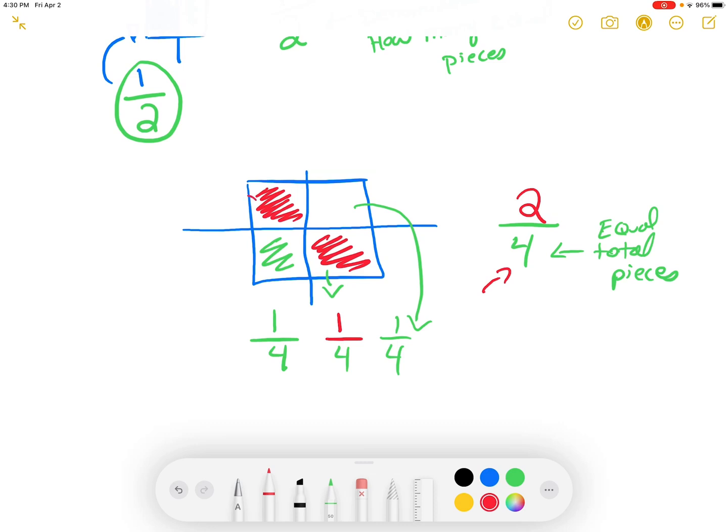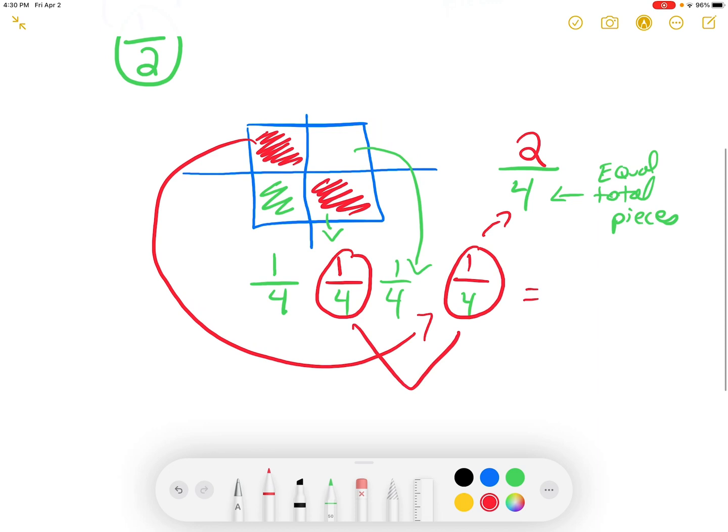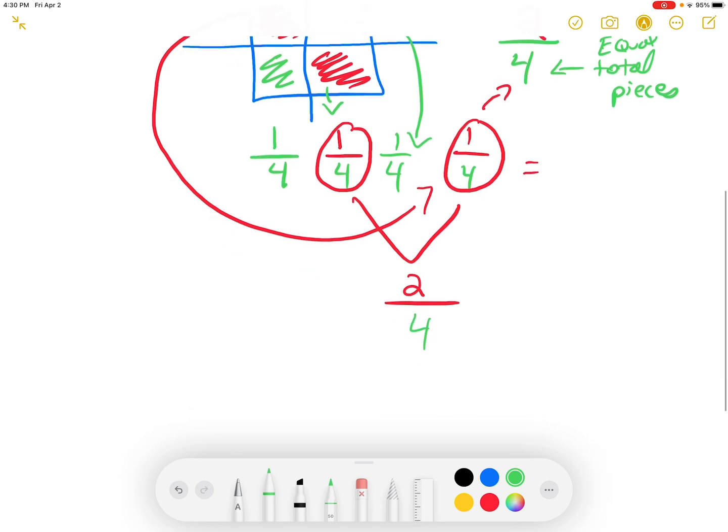And this last piece over here is literally 1 out of 4 pieces. And which ones did I give to my friends? Well, I gave the red ones away, right? That's 1 fourth, and that's another 1 out of 4. So that's a grand total of, well, it's just these 2. Literally 2 fourths, right? Or 2 out of 4 pieces were given away.